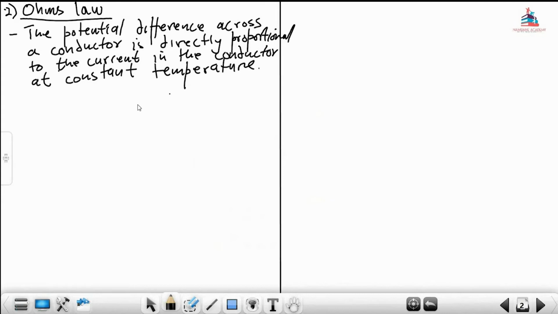Now, in terms of symbols, we say R is equal to V over I, where V is the potential difference, I is the current, and R is the resistance thereof.